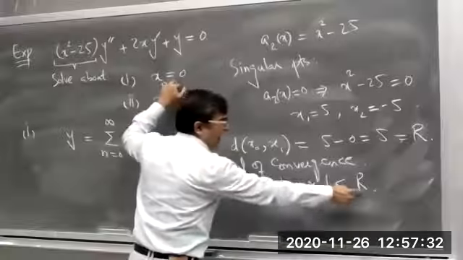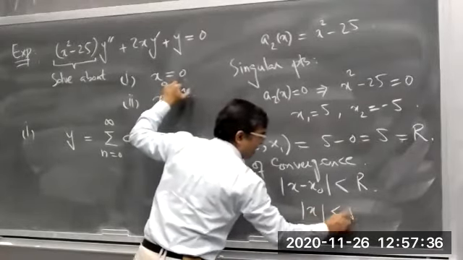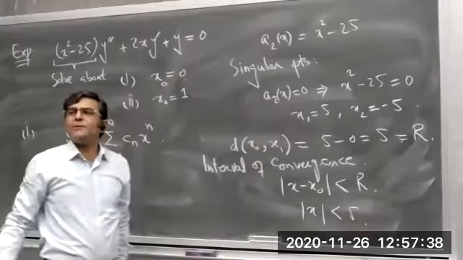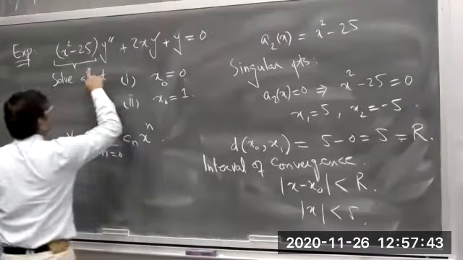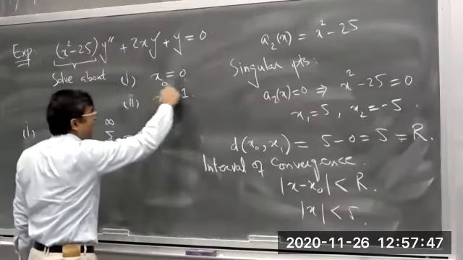Now, we know x naught is 0 and r is 5. So what do we obtain here? Mod x less than 5. So this will be the interval of convergence for the power series solution of this differential equation about x naught equal to 0.